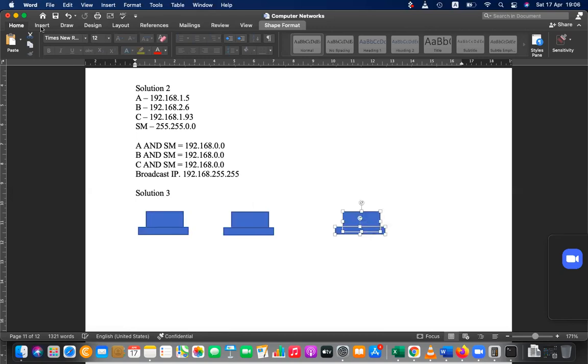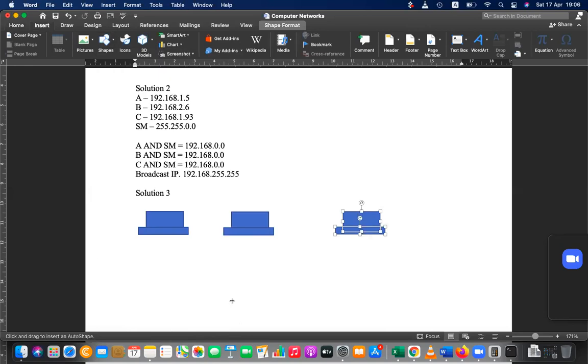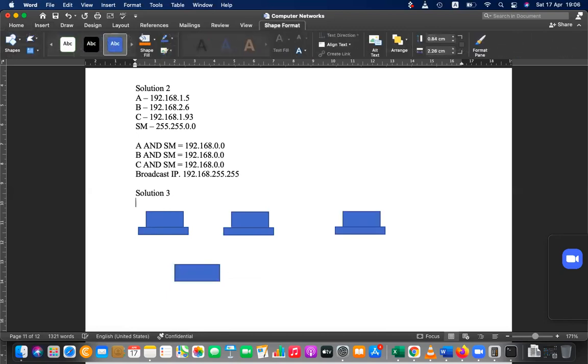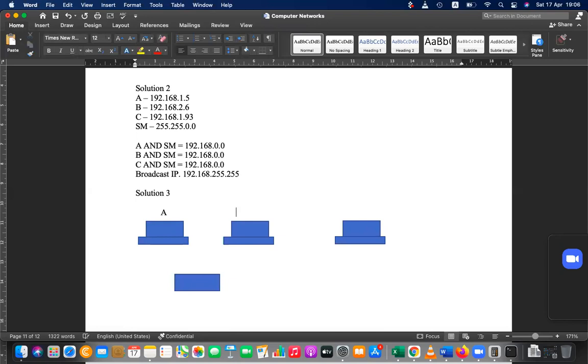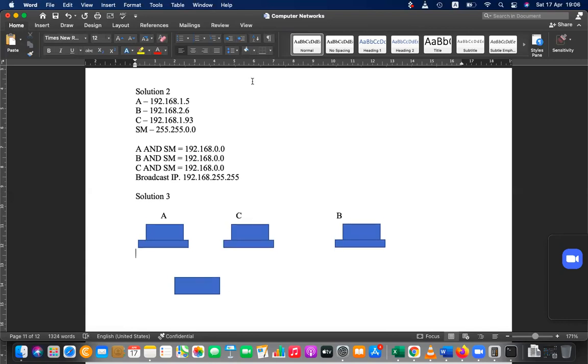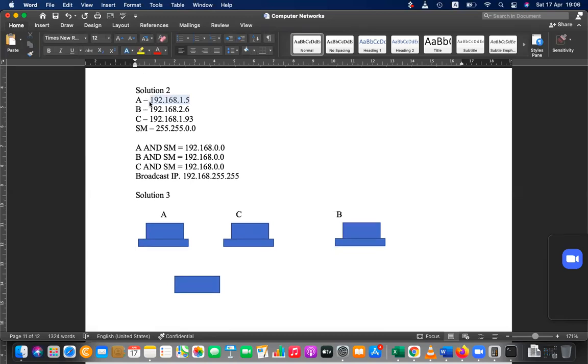From that, A and C can be connected to the switch. So this is computer A, this is C, this is B. You know the IP addresses of these: A is this one, and C is this one. You can just connect them using a switch, then connect this using a switch.